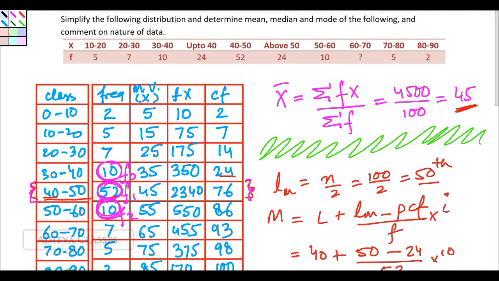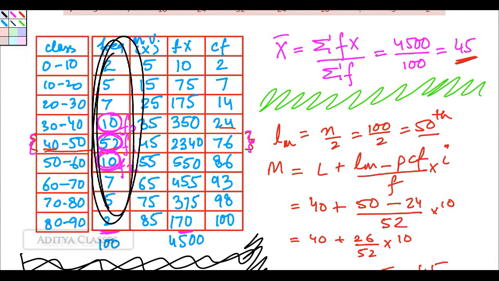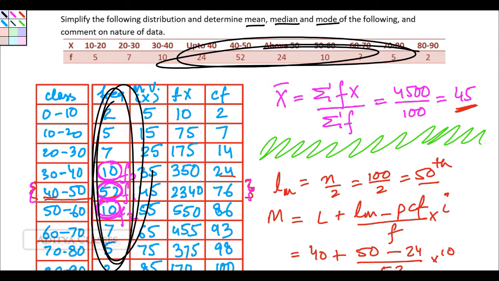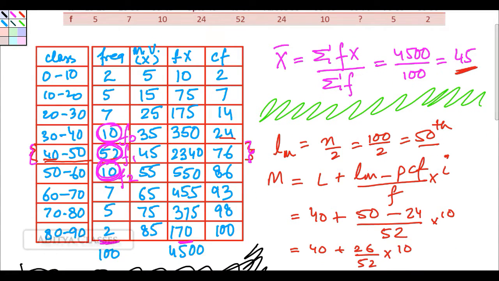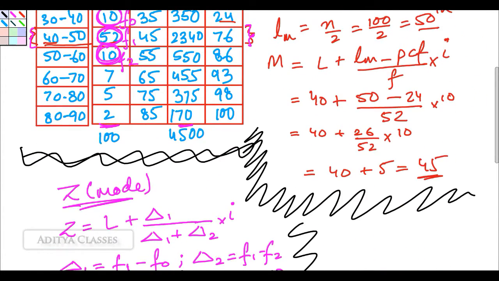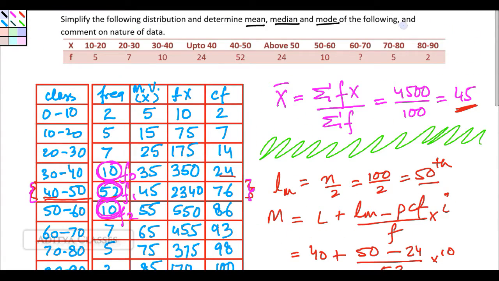There was a question: simplify the following distribution and determine mean, median, mode. So this was simplification, finding out these frequencies from these unknown groups. This was simplification of this problem. Then we found out mean, median and mode of this data set, and comment on nature of data.